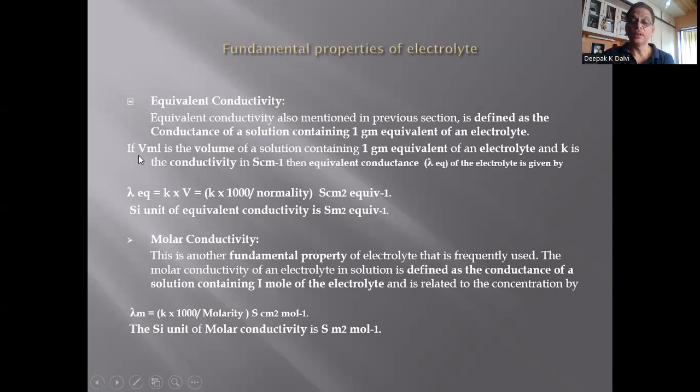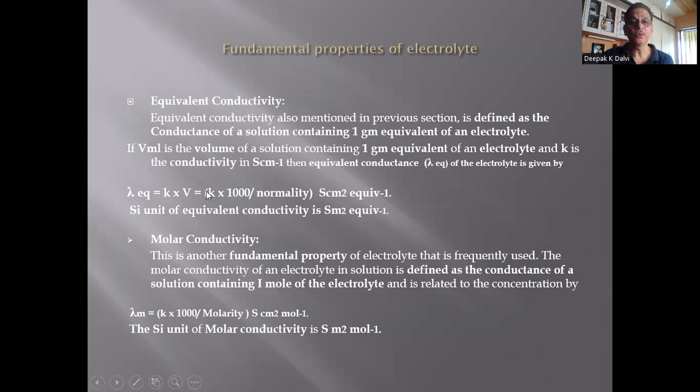So if V mL is the volume of the solution containing 1 gram equivalent of the electrolyte, and K is the conductivity in Siemens per centimeter, then the equivalent conductance of the electrolyte, symbolically represented as lambda EQ, is equal to K into V.